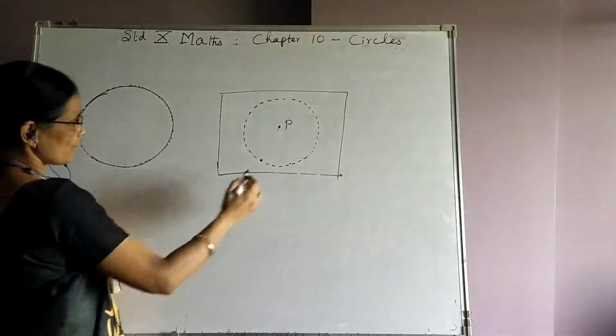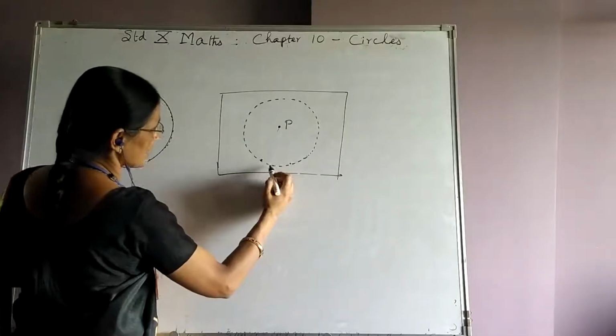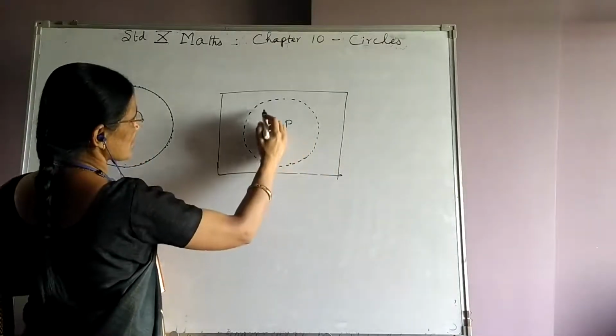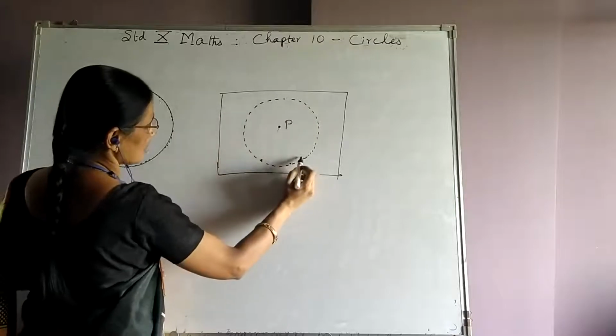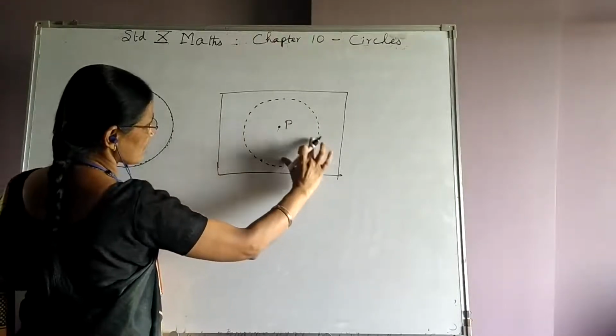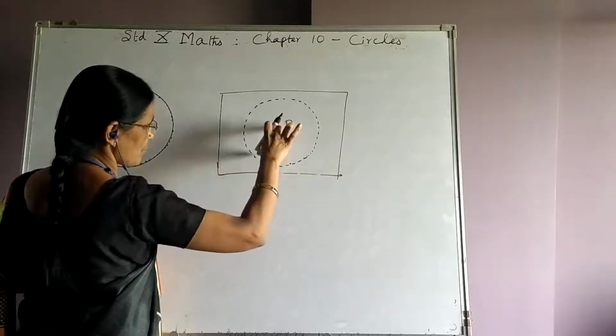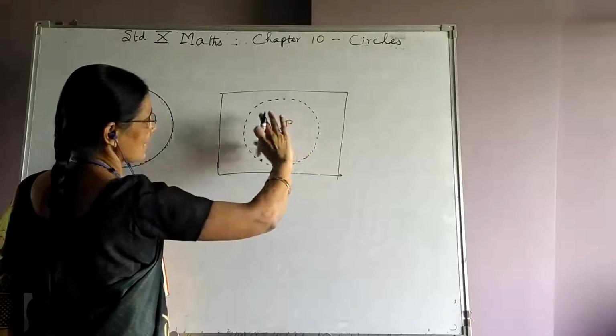Okay. So we are getting a group of points. We call it a set of points. So a circle is a collection or set of points which are at equal distance. If you measure the distance of this point from P or this point from P, we will get equal.